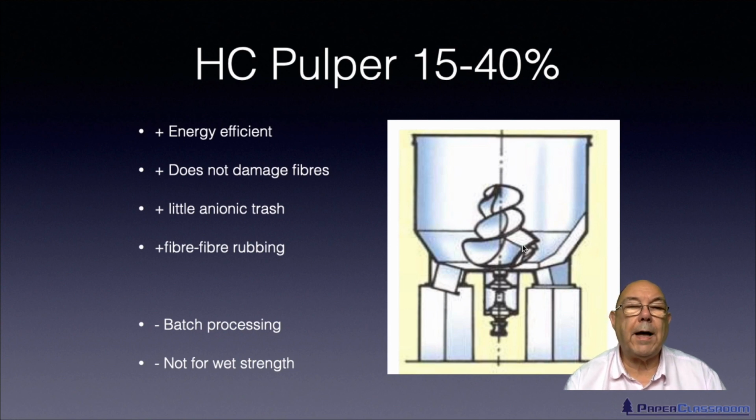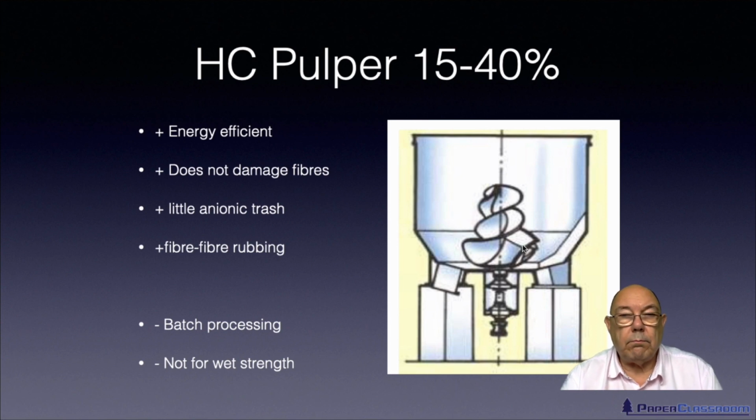And both high and low consistency pulpers have got advantages and disadvantages. And almost exclusively, the advantages of one are the disadvantages of the other, and the advantages of the other are the disadvantages of the one. And here's some examples. So high consistency pulpers are fairly energy efficient.